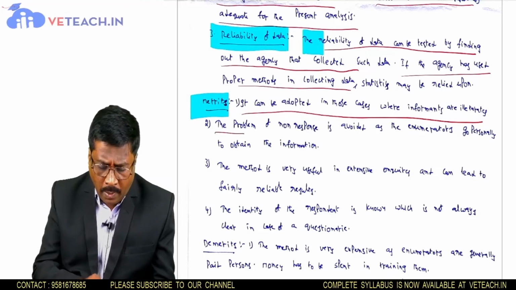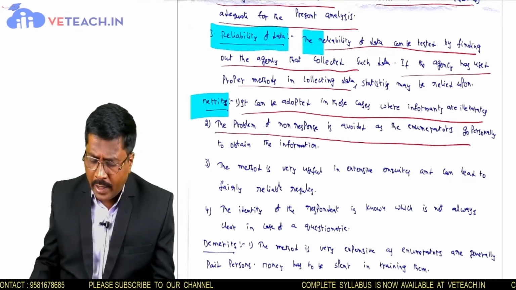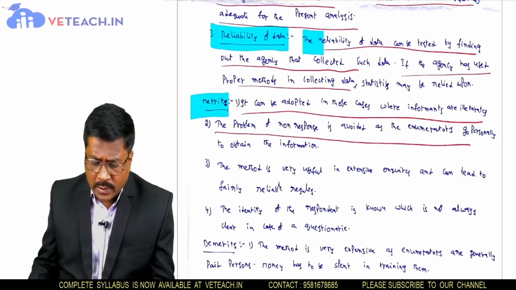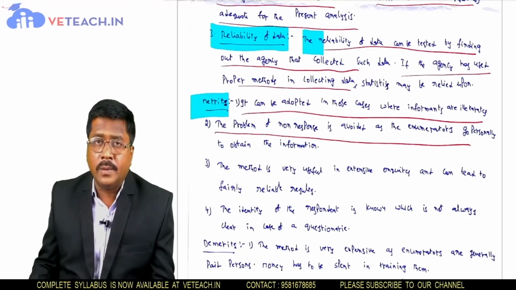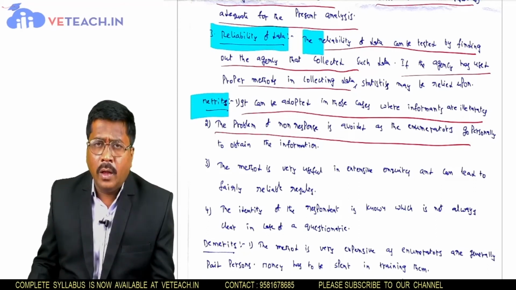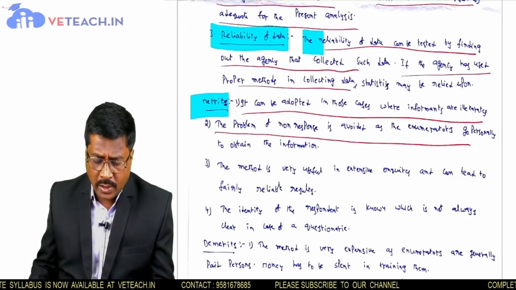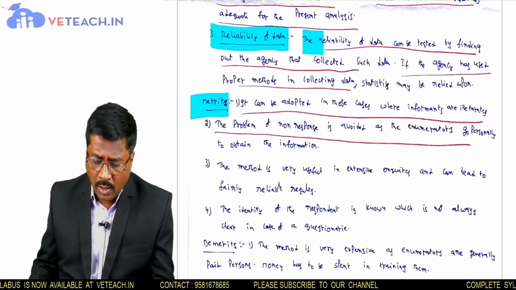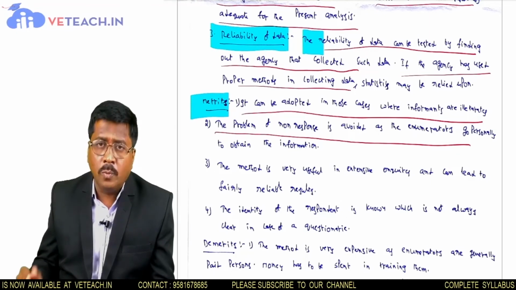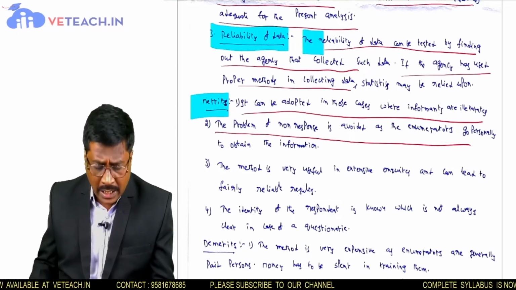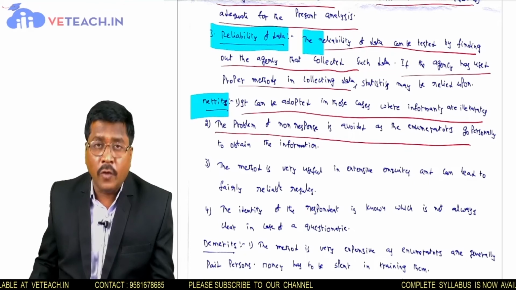And also the problem of non-response is avoided as the enumerators go personally to obtain the information. Suppose the informants do not give such information, which is not reliable, so the enumerators go personally and collect the data from the informants.